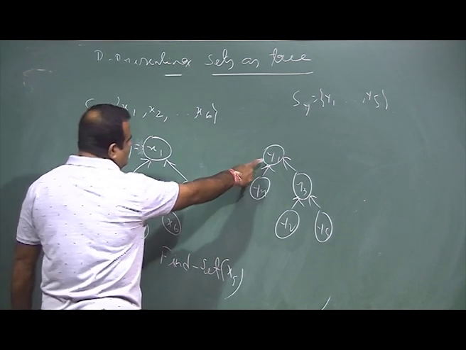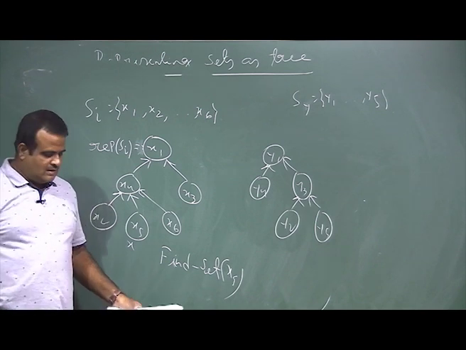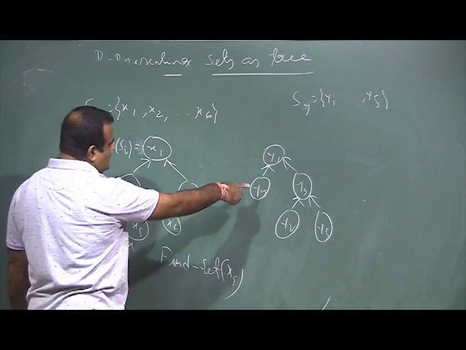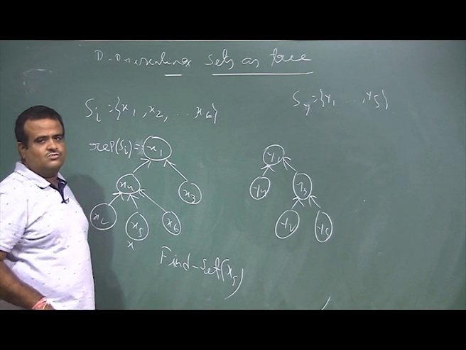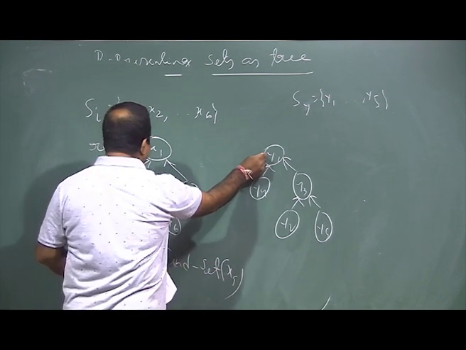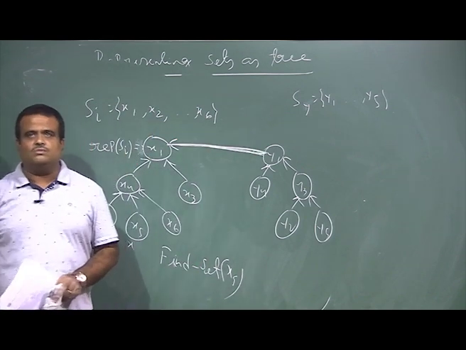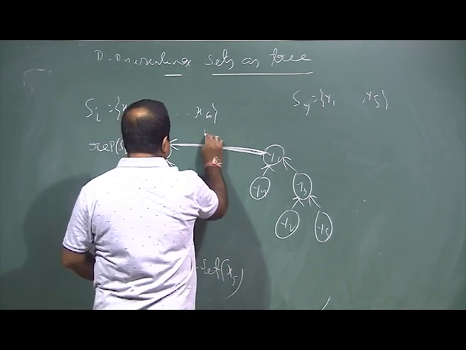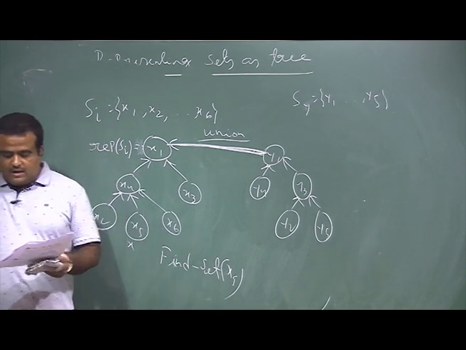We can add this root to any one of these nodes, because then from this node we go to that node and then visit the root, or else we can just add this to here. So, this is the union operation we are doing.